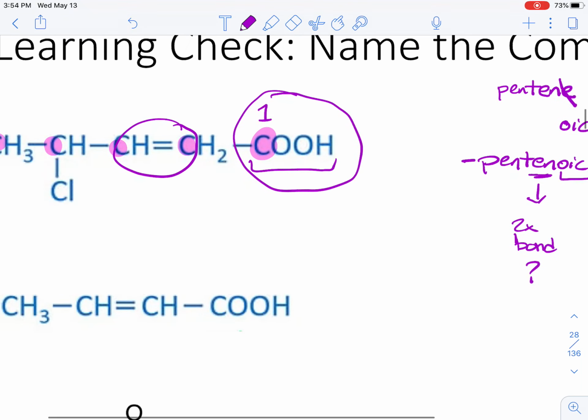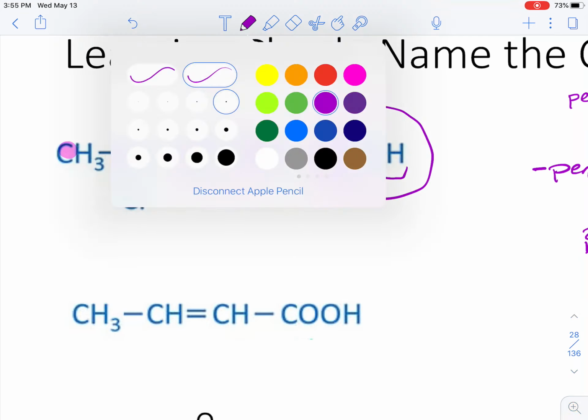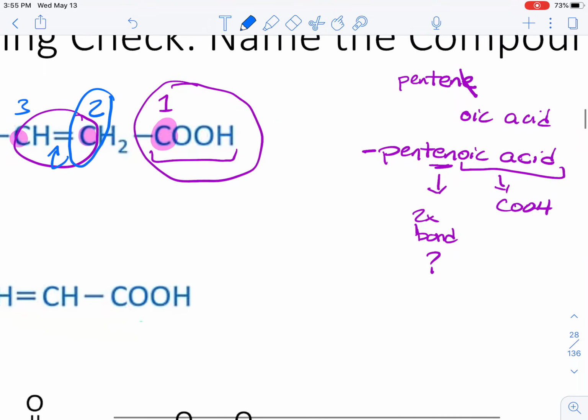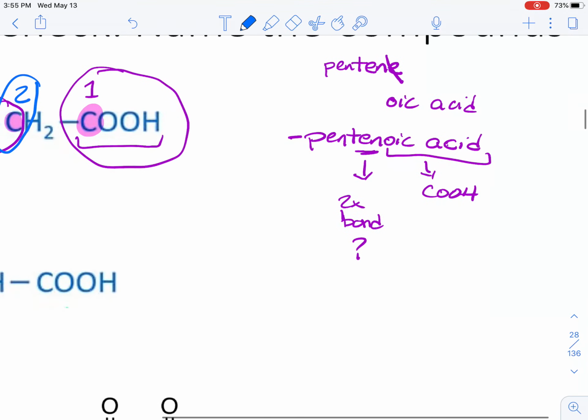If we number our carbons from right to left, we have 1, 2, 3, 4, 5. So it looks like on carbon 2, our double bond starts. And so we are going to indicate to the reader that the double bond starts on carbon number 2.